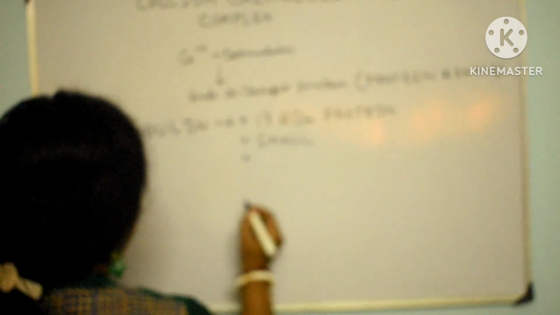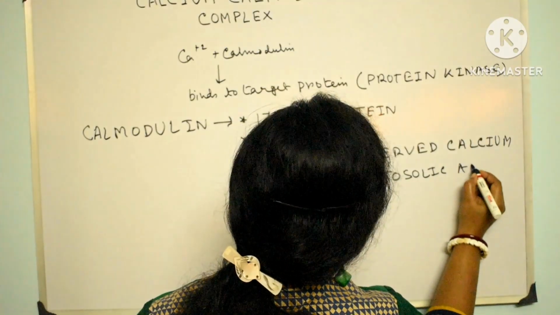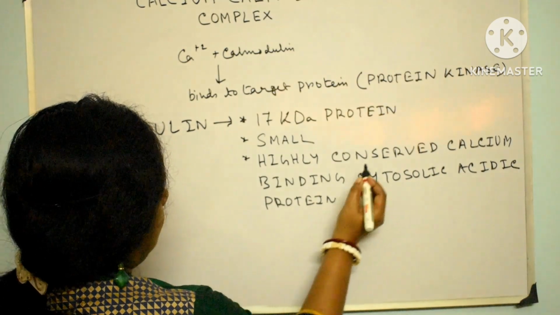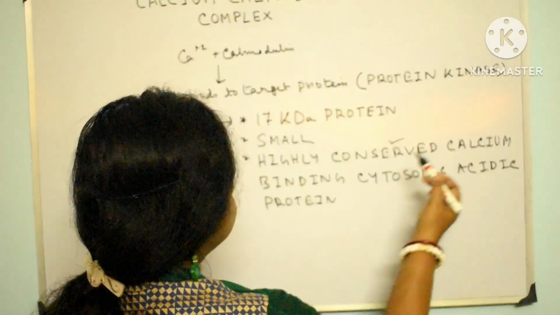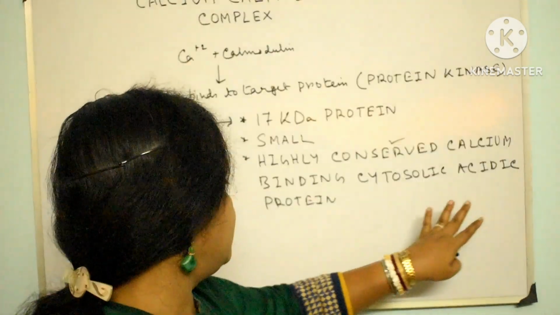This is small in size, obviously highly conserved, a calcium-binding cytosolic acidic protein. So calmodulin is highly conserved, calcium binding, present in the cytosol, and acidic in nature.